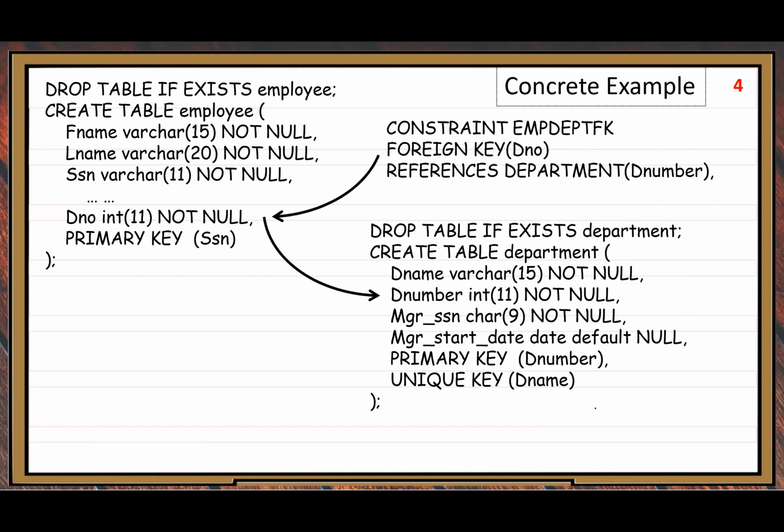After that, the DBMS will enforce the referential integrity constraint. So you can save a lot of work. You can imagine for a large database, there are so many conditions there.